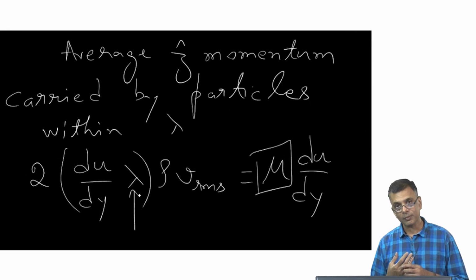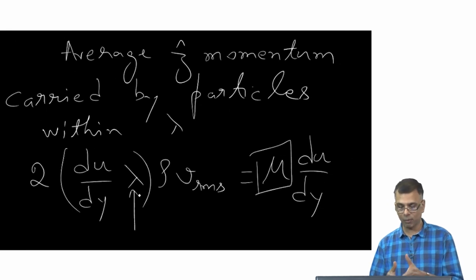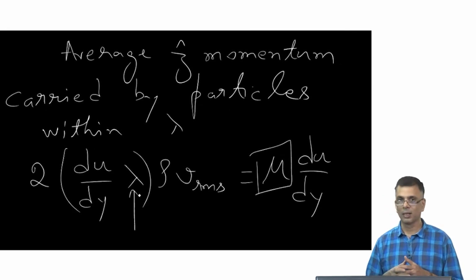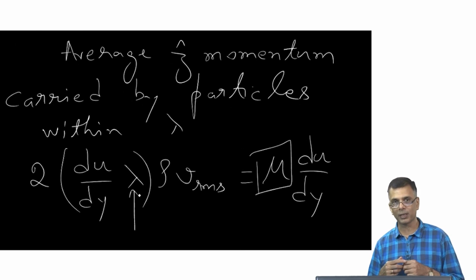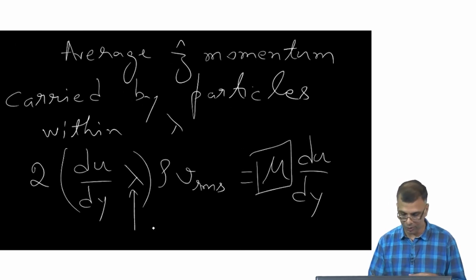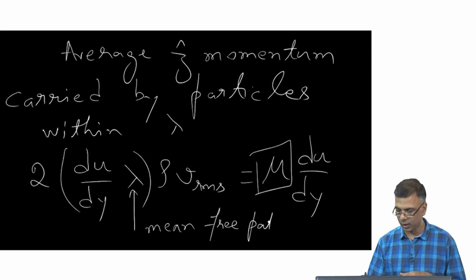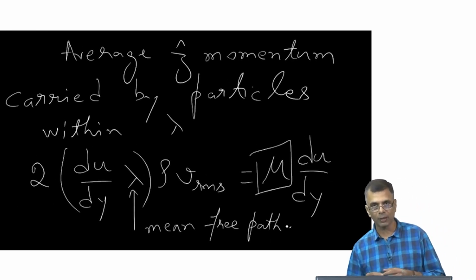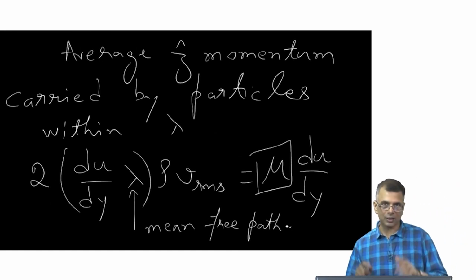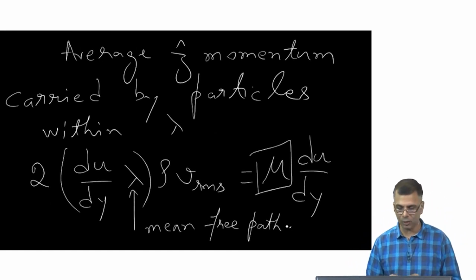In such situations, you cannot apply this simple-minded expression, and you would have to find an effective mean free path that is not simply the collisional mean free path. Let me write this down. Since I'm saying this word over and over again, I should write this: mean free path. But that's for collisionless fluids, and that's a bit of a special situation.